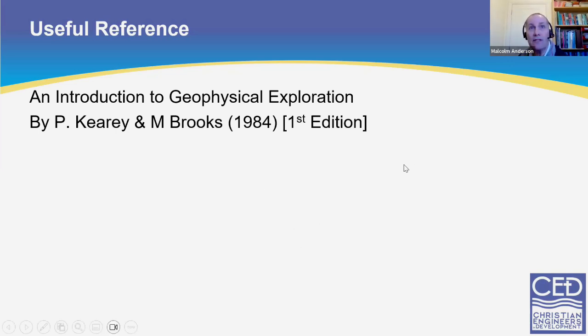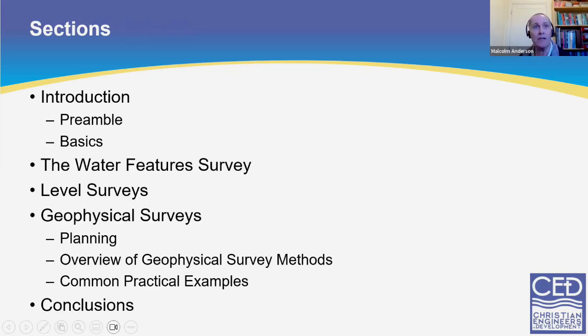It's a good book to look up if you want to see the full engineering details behind geophysics. It's a very good introduction, and he takes it very gently, so that even if you don't have a background in geology or even groundwater, it's very accessible.